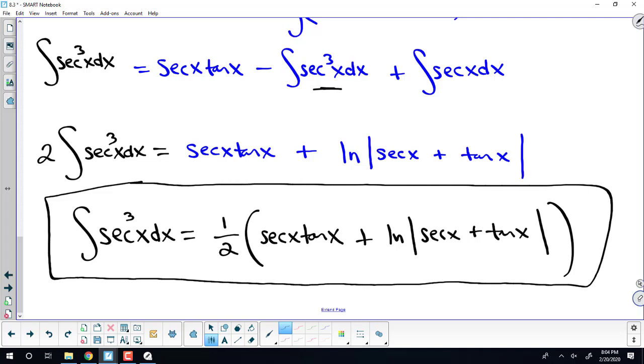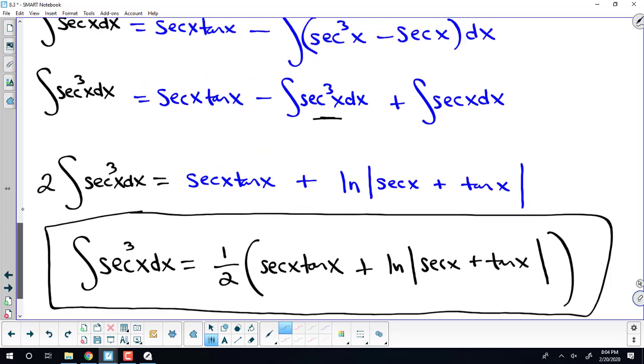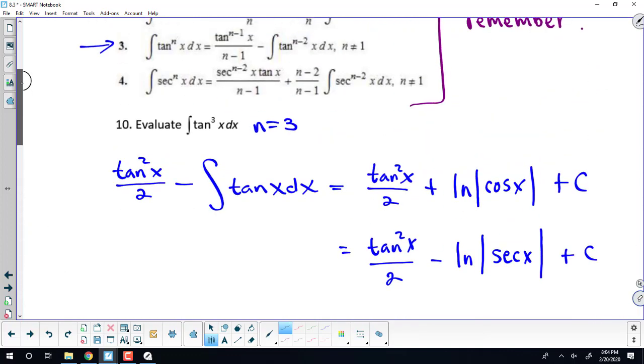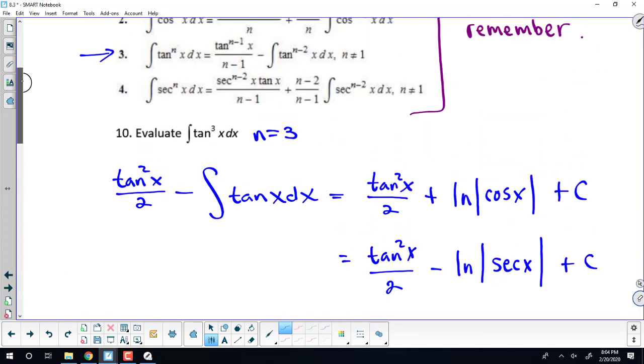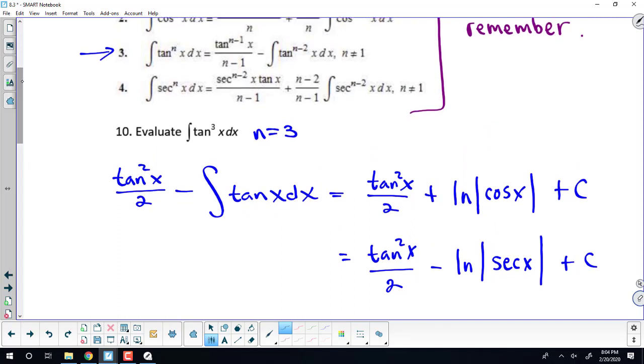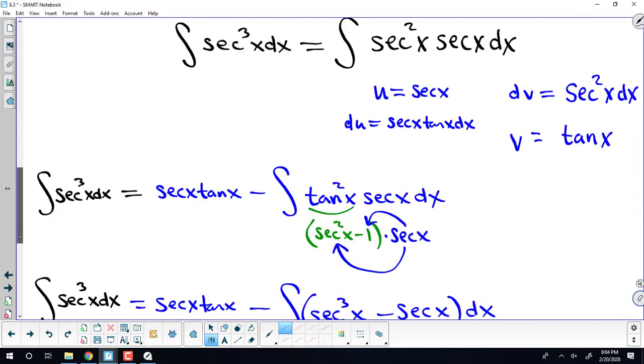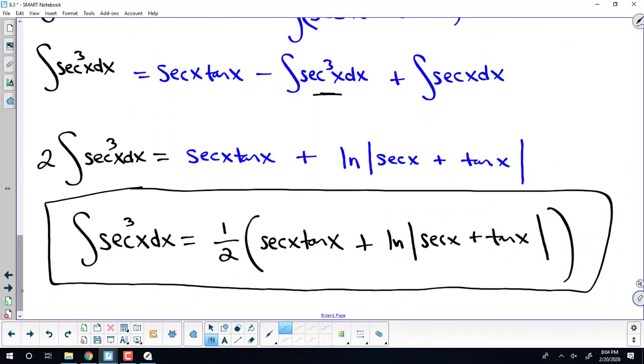Our problem was 12 secant cubed, so we just multiply everything by 12. You'll have a 6 right here instead of a half. But you can verify that if we went through this process with reduction formula number 4 and n equal to 3, we get a secant times a tangent over 2 plus this coefficient times the integral of secant, which is virtually what we ended up with: secant tangent and an integral of secant.